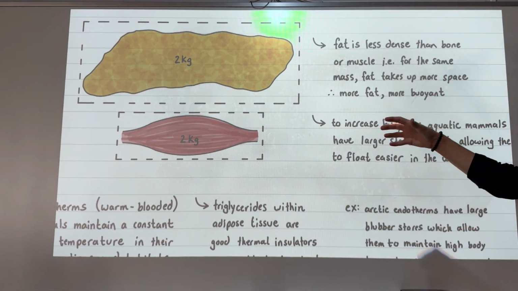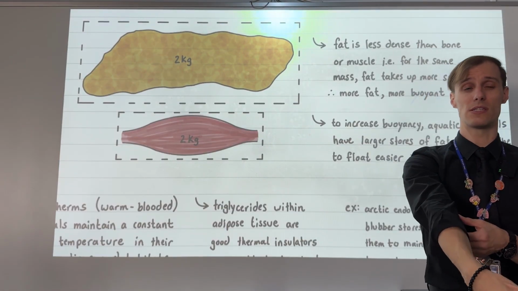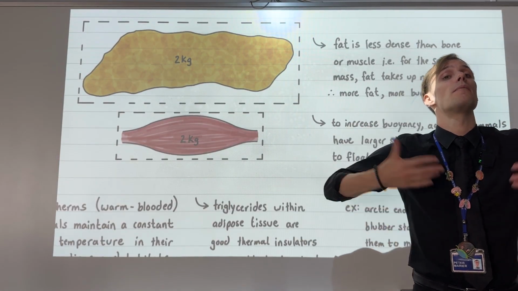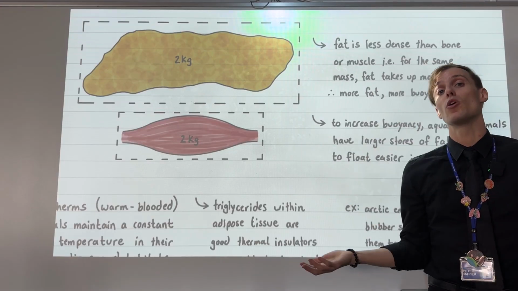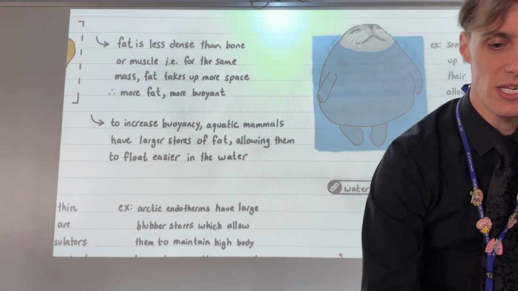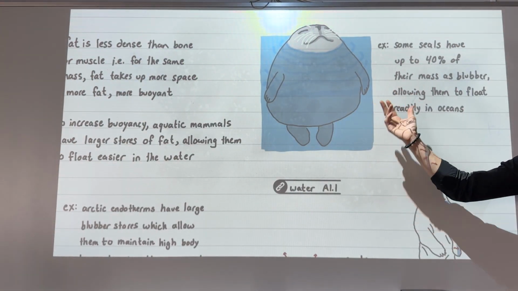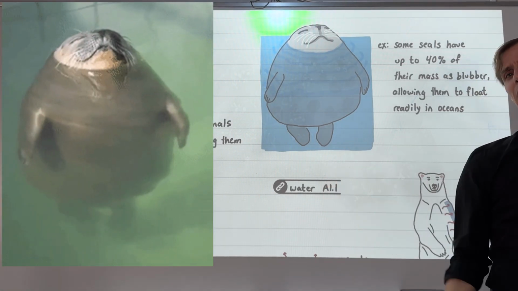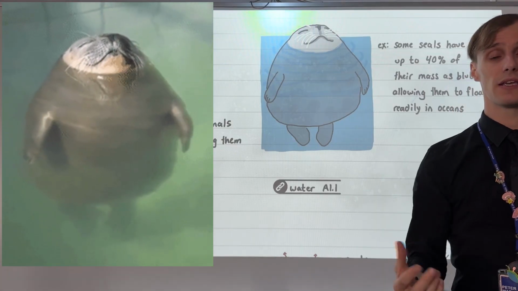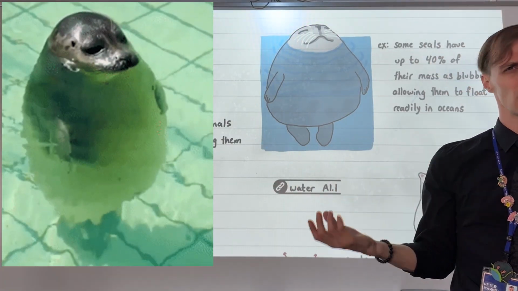And as a result, if I want to increase buoyancy, I'm going to increase the amount of fat that I have, making it much, much easier to float inside of water. And we see this as an example in things like seals, where seals can have upwards of 40% of their mass is actually blubber. So it allows them to float very, very easily while expending very little energy.